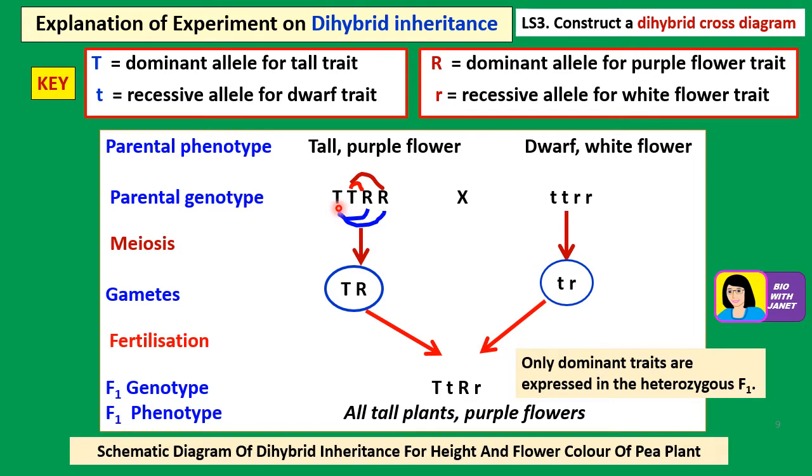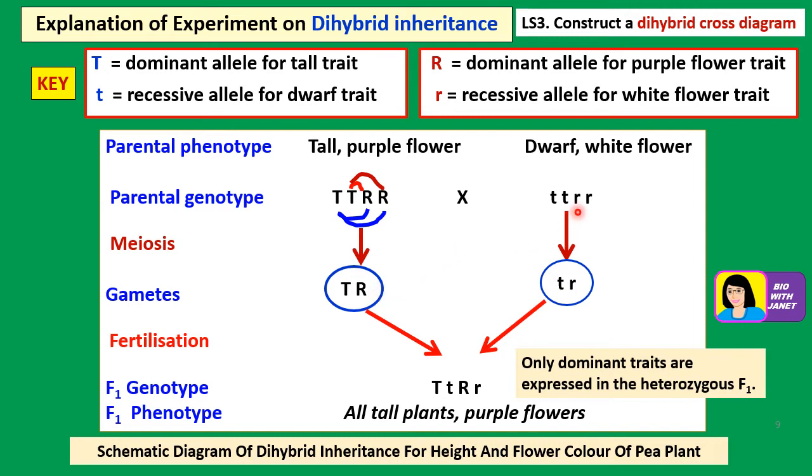If there are 4 alleles here, numbered 1, 2, 3, 4, so you can combine first allele with third allele, 1 with 3 or 1 with 4, and then 2 with 3 or 2 with 4. Okay, in this case, all the gametes have the same alleles, so we just draw 1 is enough, 1 representative of it.